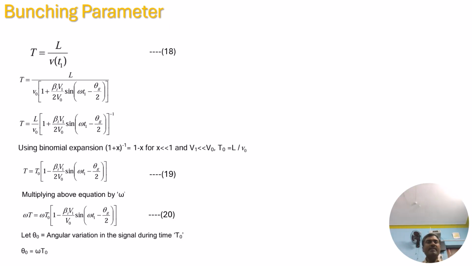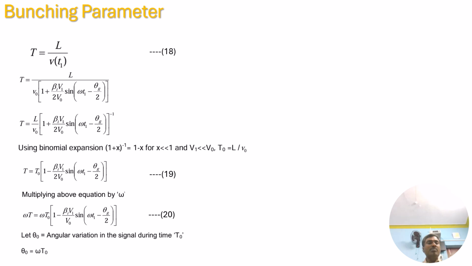In order to find the bunching parameter, it is necessary to find the time taken by the electron to cross the drift space, which is given by capital T equal to capital L by V of T1. So in place of V of T1, substitute the modulated velocity expression.